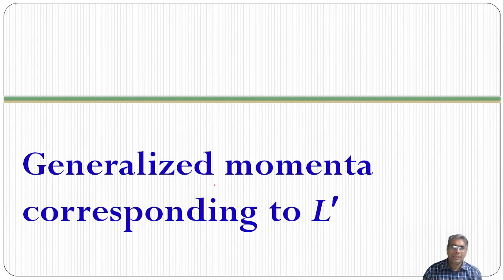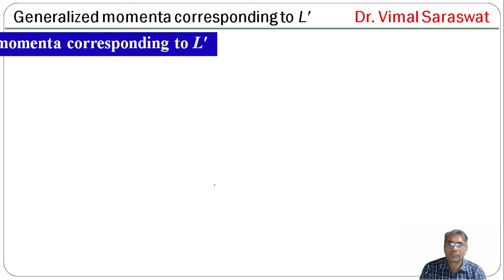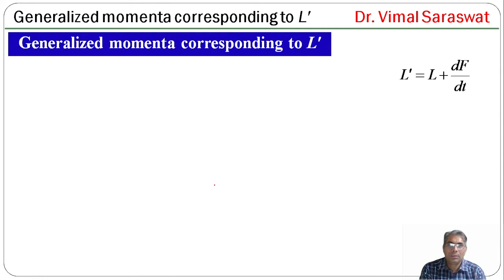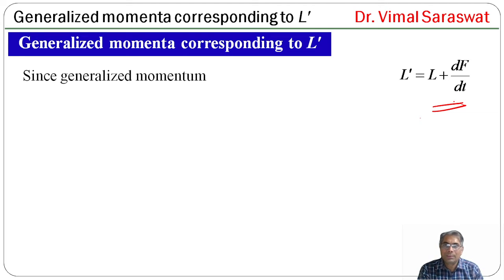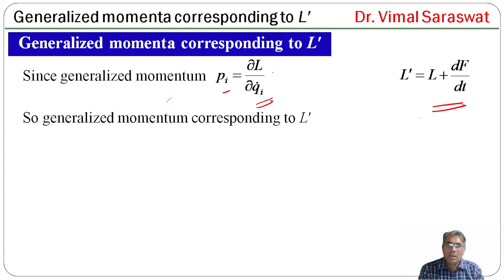Now, next one is the generalized momenta corresponding to L'. Since L' equals L plus df/dt and generalized momentum is Pi equal to ∂L/∂Qi dot, the generalized momentum corresponding to L' will be Pi', and Pi' equals ∂L'/∂Qi dot.